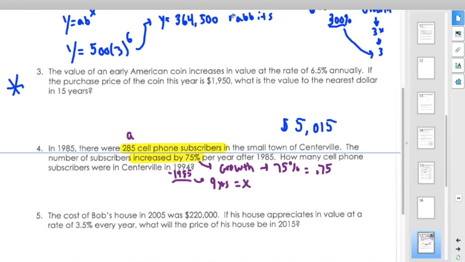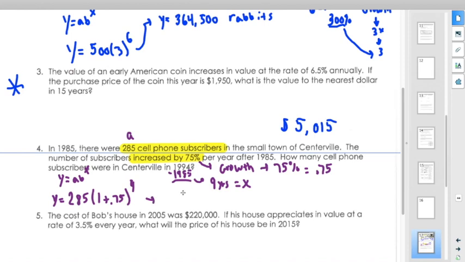Alright, so we have everything we need. Y equals AB to the X. Y equals, my A is 285. My B, if it's a growth, I'm starting with 1 plus whatever the decimal is. 1 plus 0.75, raised to the 9, because X is 9.